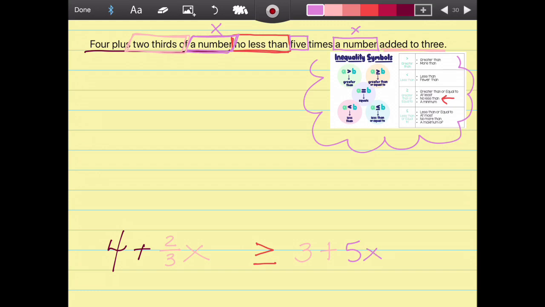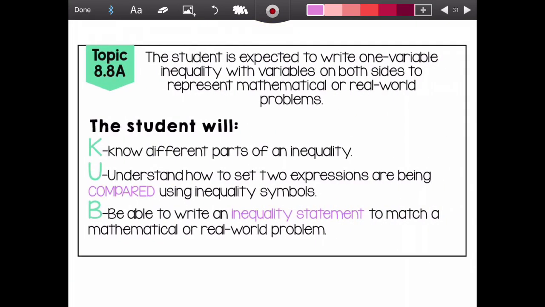So this is what we did yesterday, and hopefully that cleared up any questions you might have had with writing a mathematical statement starting with words into numbers with our inequality statement. Let's take it a step further with our topic today. Just like equations, we're going to move from writing mathematical statements to writing an inequality from real world problems.